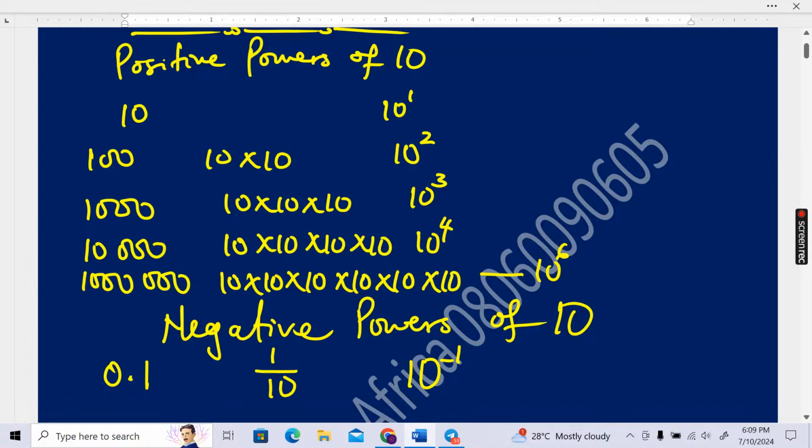You can see that the power of 10 right here is negative.